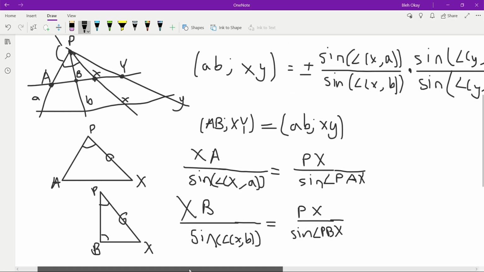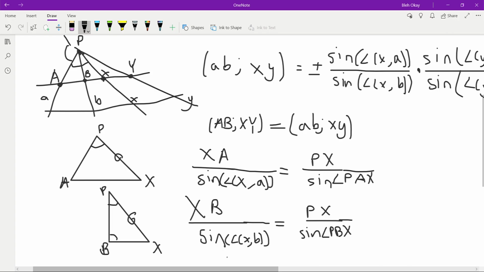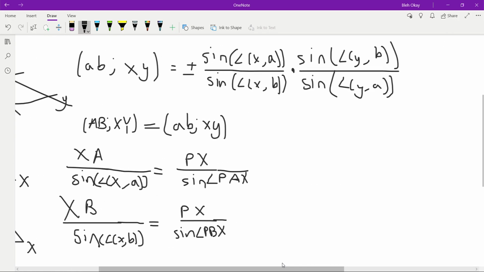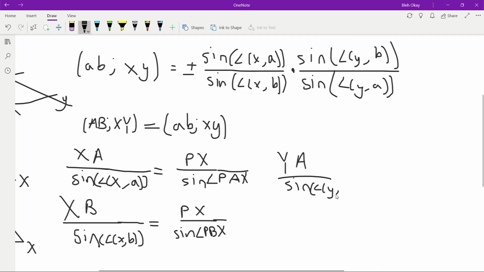And we'll see that it cancels whenever we look at the analogous forms for Y. So YA over the sine of the angle from Y to A is equal to PY over the sine of angle PAY.